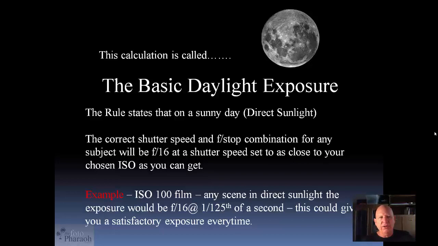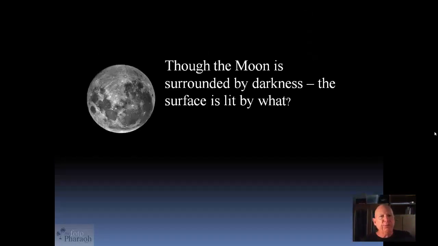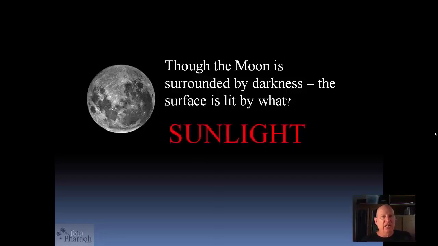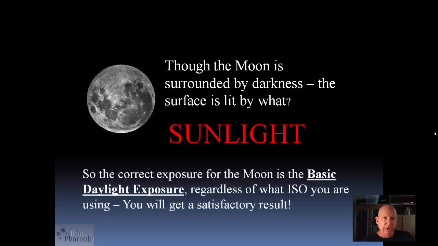So how does this apply to the moon? Okay, well, the moon is surrounded by darkness. It's the middle of the night. This is not going to be an easy exposure, right? Wrong. Though the moon is surrounded by this darkness, what is the face of the moon lit by? That's right, sunlight. And if it's lit by sunlight, can I not use the basic daylight exposure to give me the correct exposure?